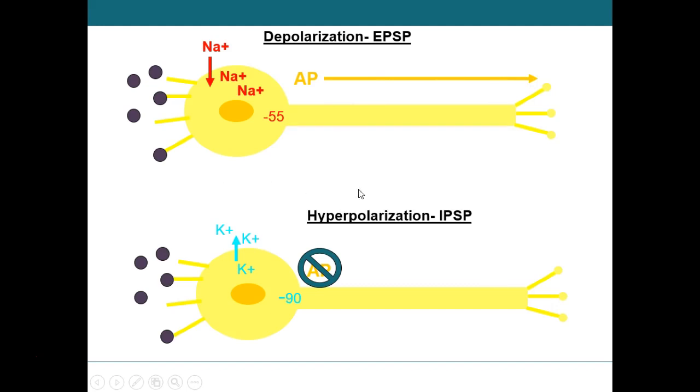On the other hand, an inhibitory postsynaptic potential hyperpolarizes the postsynaptic cell. So the neurotransmitter is released into the synaptic cleft. It opens ligand-gated channels that in turn cause potassium to leave the cell. Therefore, the cell becomes less depolarized and is less likely to fire an action potential.